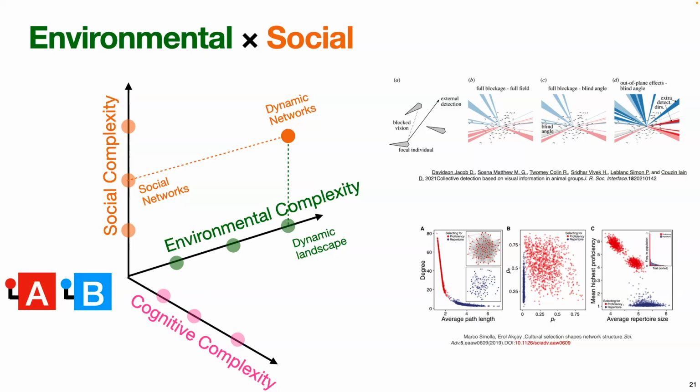For example, this is a fish school modeling study and also a cultural evolution modeling study, with cultural evolution at the bottom and fish school dynamics above. They are both showing how a group of agents, a group of individuals, deal with a changing environment, with the social network structure also changing over time.